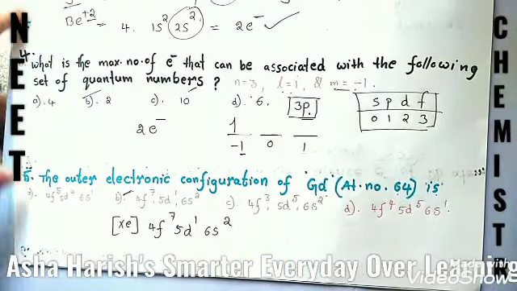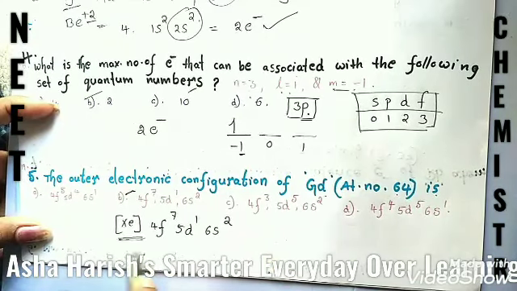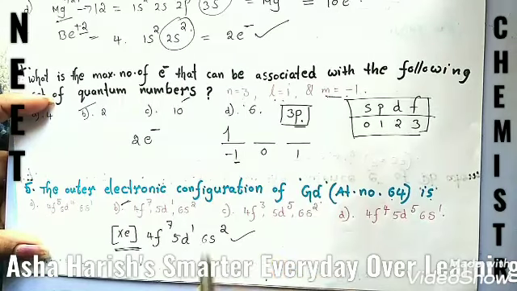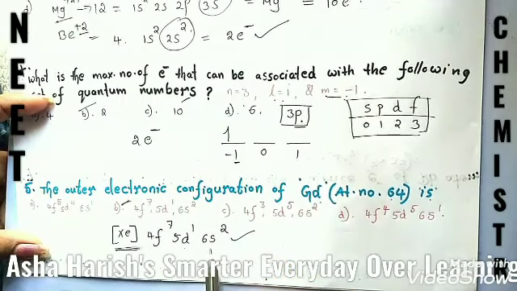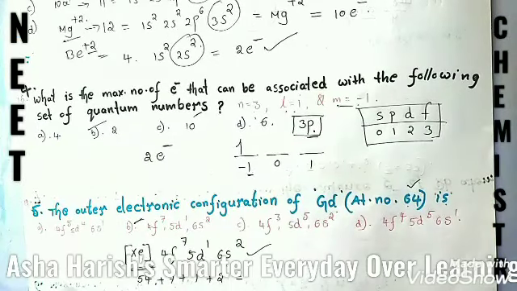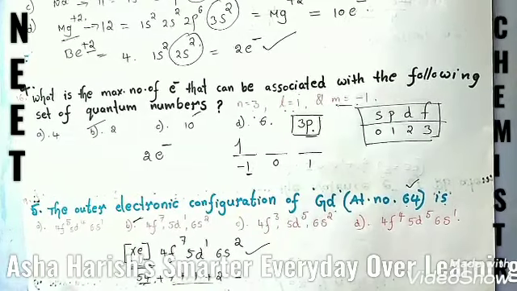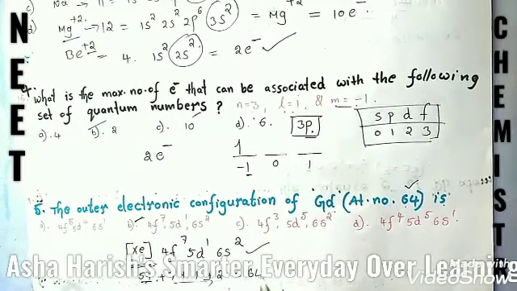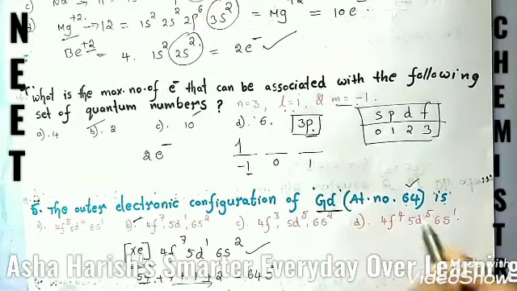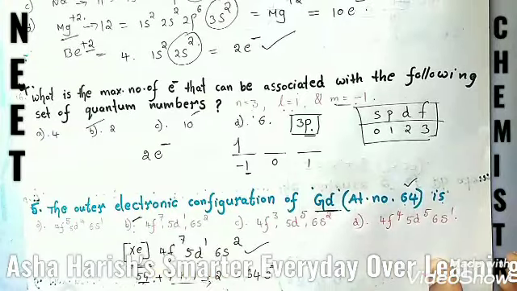Option B is the correct one, based on the Moeller chart. From the xenon noble gas configuration, you write 4f7, 5d1, 6s2. Xenon has atomic number 54, and counting from it, we get 64 electrons in total. That is gadolinium, so option B is the correct one.